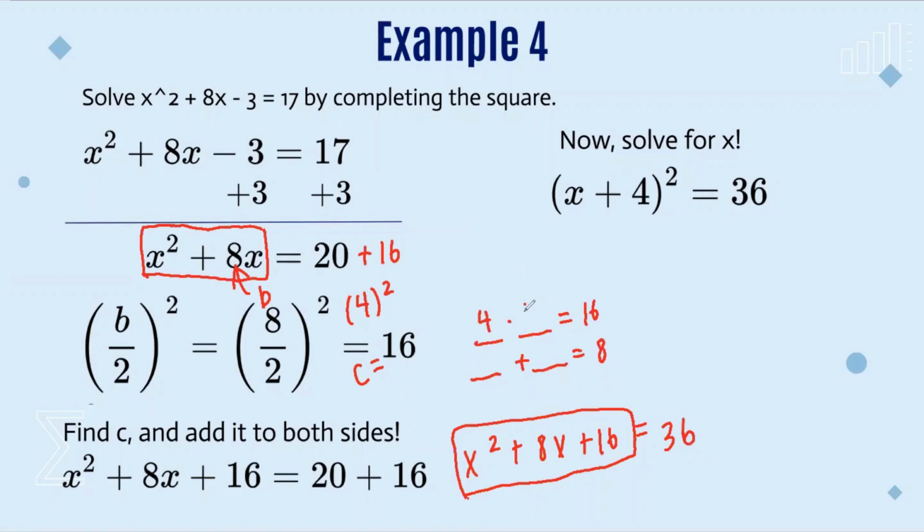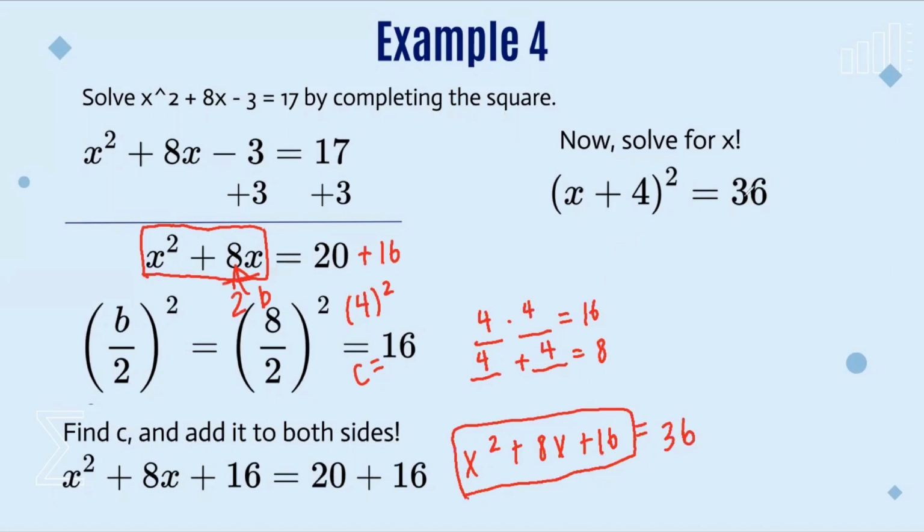So 4 times 4 equals 16, and 4 plus 4 equals 8. Again, if you wanted to take the shortcut, you can just take half of b. In this case, it would be positive 4, and then plug it into the x plus a value squared format. So your trinomial would be simplified to x plus 4 squared equals 36.